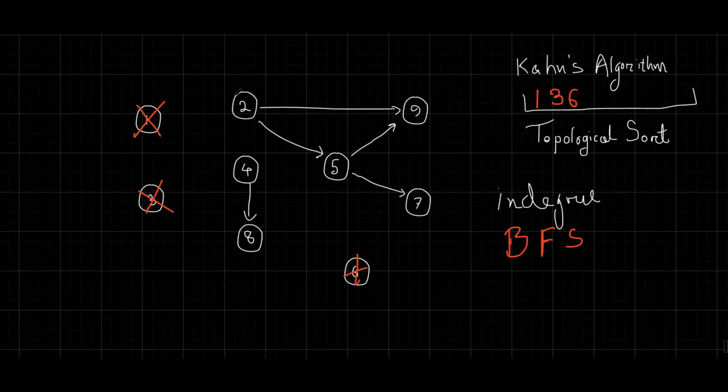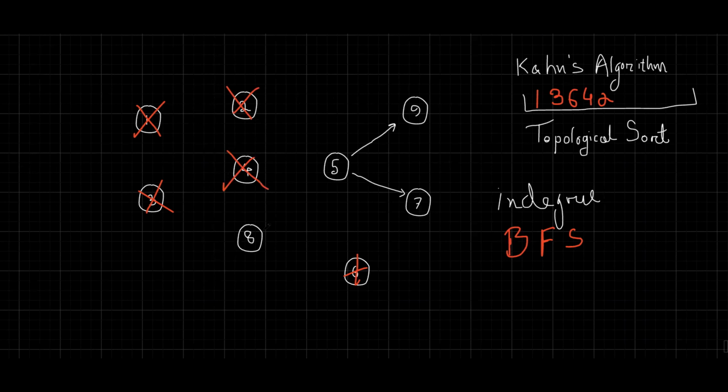So here we will visit the nodes 4 and 2 and remove the connections outgoing from 4 and outgoing from 2. So let's erase 4 and 2 here.